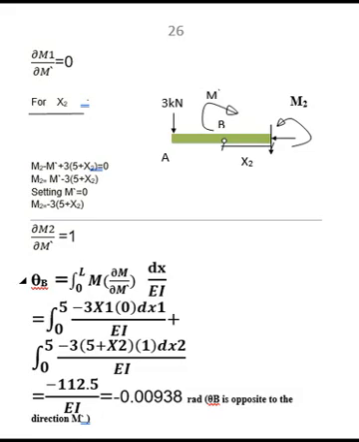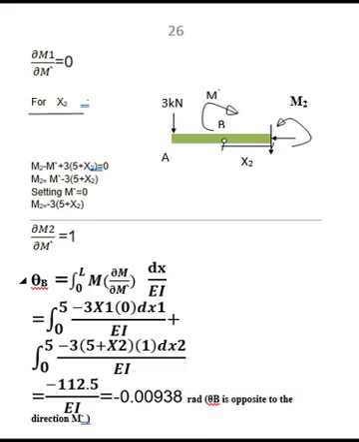After that, we will apply the equation of Castigliano to the beam, and there will be two parts, for x1 and for x2, as shown in the equations below.